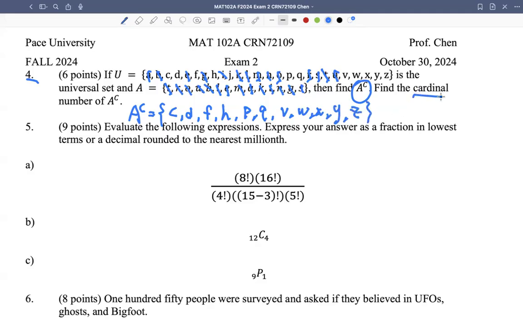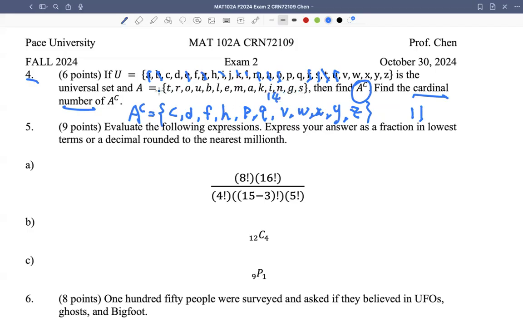So what is the cardinal number of A complement? Count: 1, 2, 3, 4, 5, 6, 7, 8, 9, 10, 11. Well, if we want to make sure, we just count how many elements are in A: 1, 2, 3, 4, and so on up to 14.